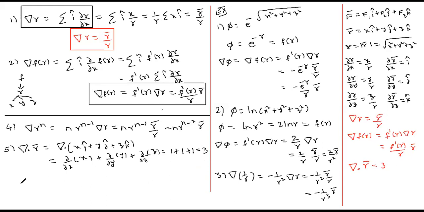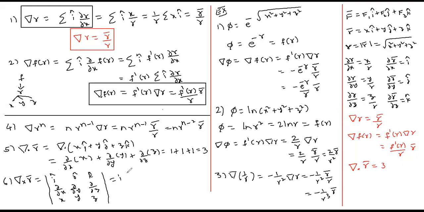Okay. One last one. Now I want to find out curl r bar. What is curl r bar? According to the formula, it is the determinant with i, j, k, dou by dou x, dou by dou y, dou by dou z. First component of r bar is x, second component is y, third component is z.